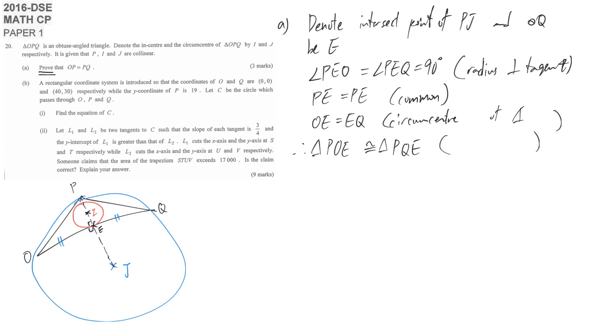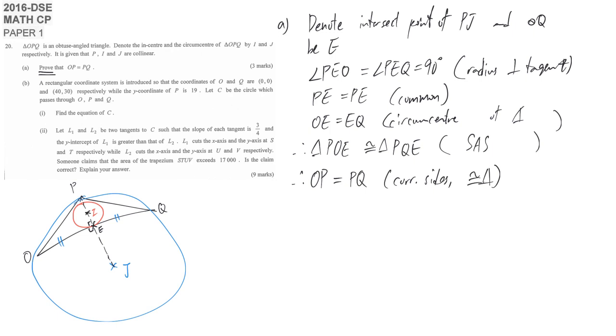The reason is side, angle, side, SAS. Therefore, the corresponding length OP is equal to PQ. It's because of corresponding sides of congruent triangles.